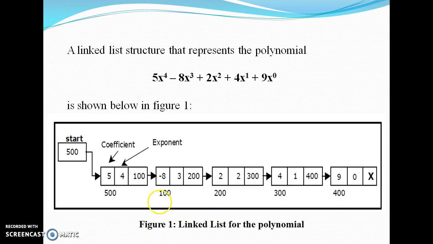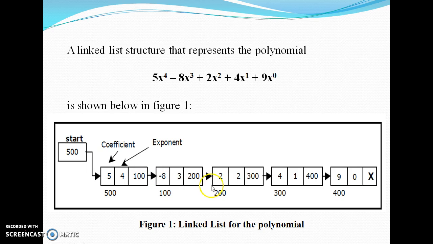You can see an example: 5 into x raised to 4 minus 8 into x cubed plus 2 into x squared plus 4 into x plus 9 is shown in the figure here, which represents a linked list. So you have a starting address and the node consisting of the coefficient, the exponent and the address which is pointing to the next node.